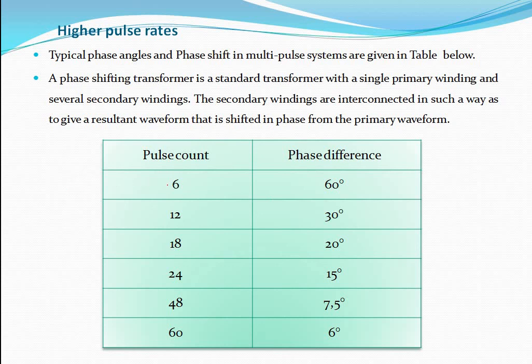For the 6 pulse, the phase difference is 30 degrees, whereas for the 12 pulse, the phase difference is arranged on the secondary side as 30 degrees. If we go on increasing the pulses, this would be your phase difference. Increasing the pulse number means you eliminate the harmonics and get a constant, ripple free DC output voltage.